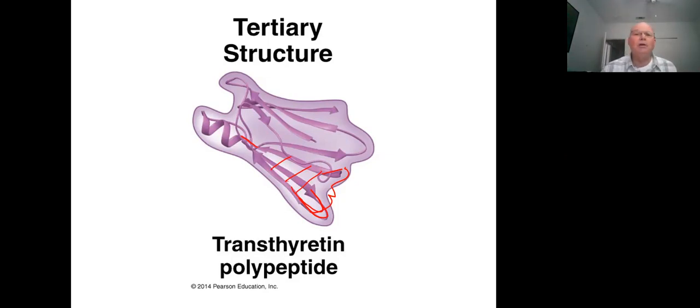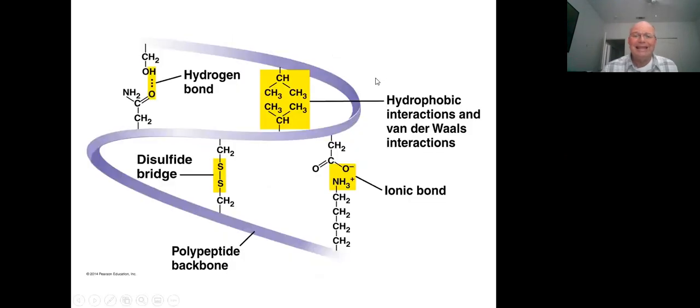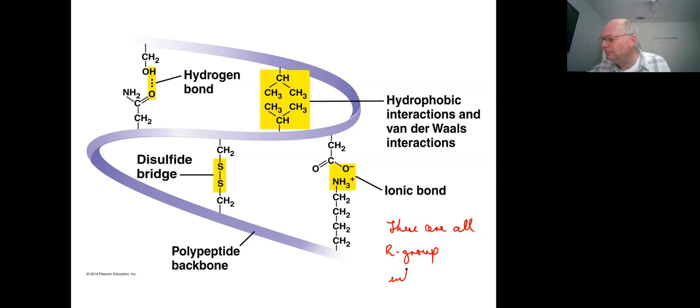So what is it that holds this three-dimensional structure together? It's R group interactions. So the best way to think in terms of tertiary is that it is three-dimensional folding stabilized by R group interactions.